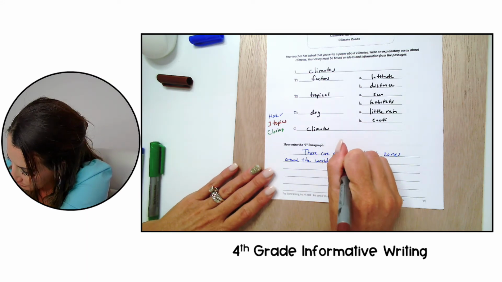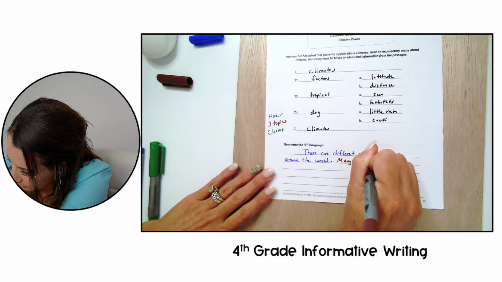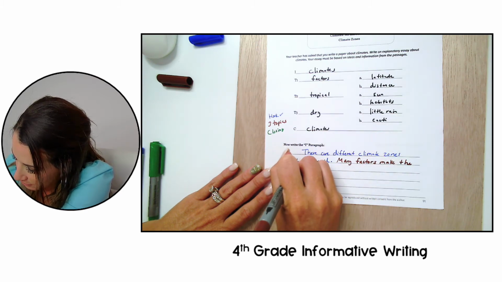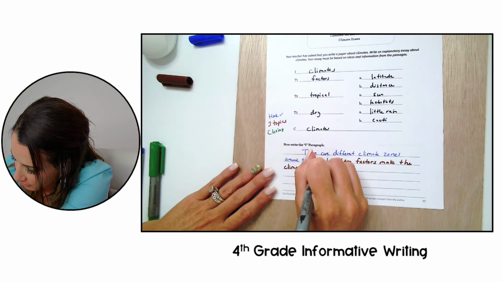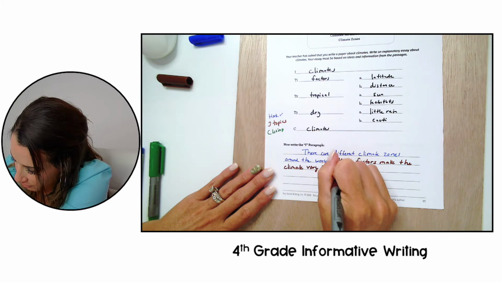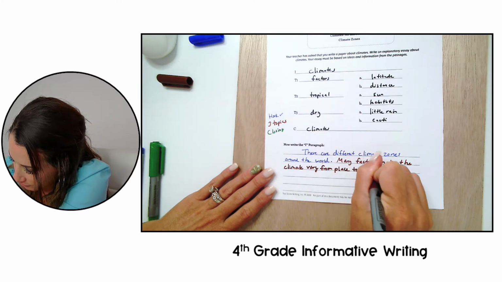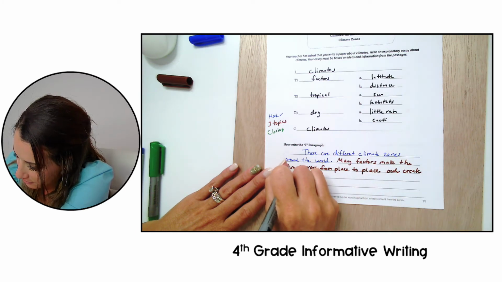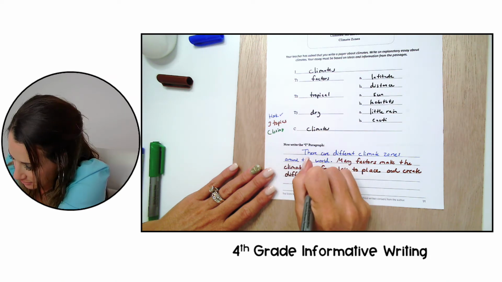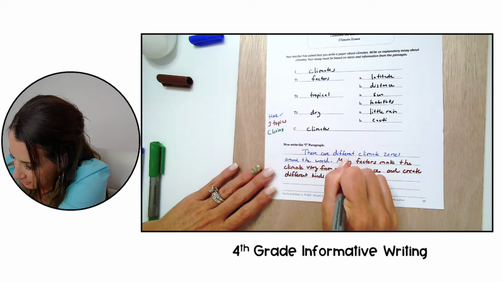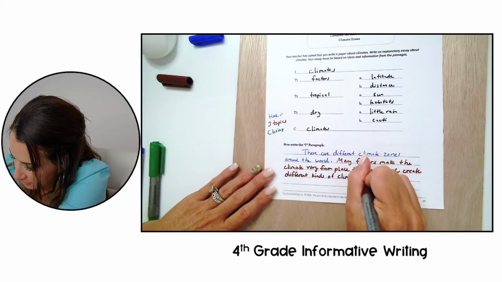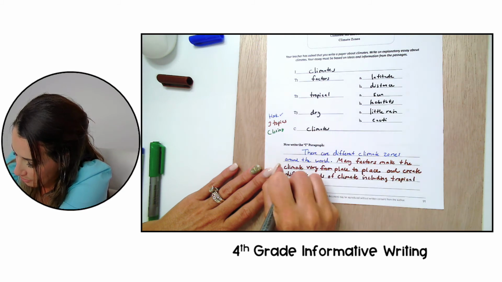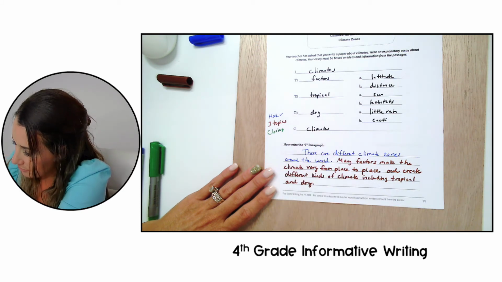So I'm going to put, many factors make the climate vary from place to place, and create different kinds of climate, including tropical and dry.